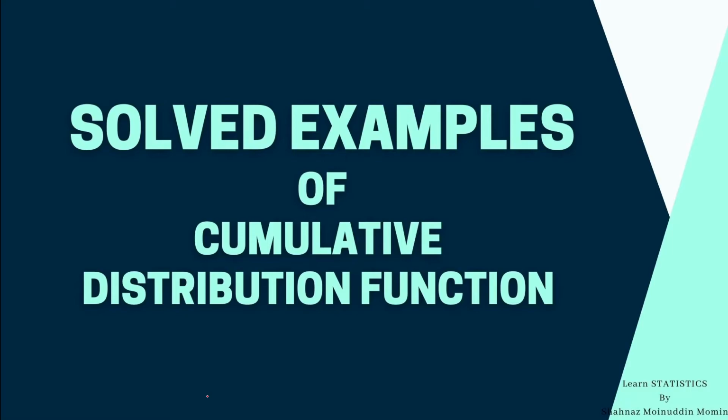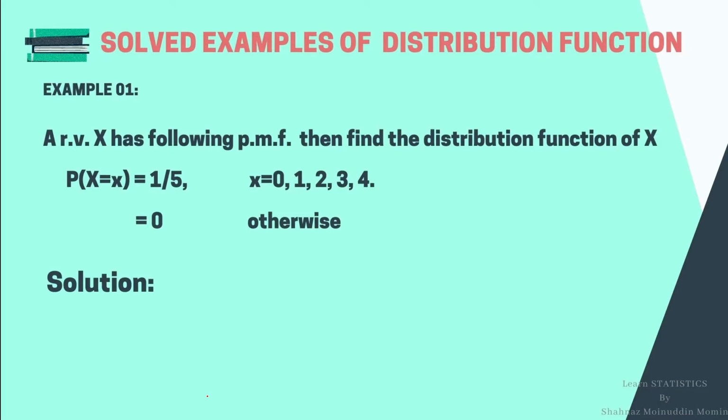We will start with the next point. Solve the examples of cumulative distribution function. So let us start with example number 1. A random variable x has the following PMF. Then find the distribution function of x. Here we have given the PMF of x.